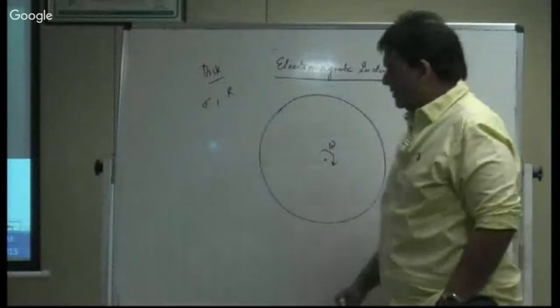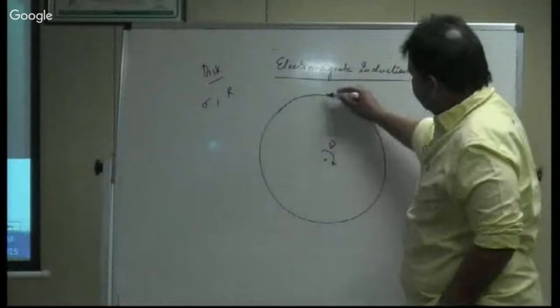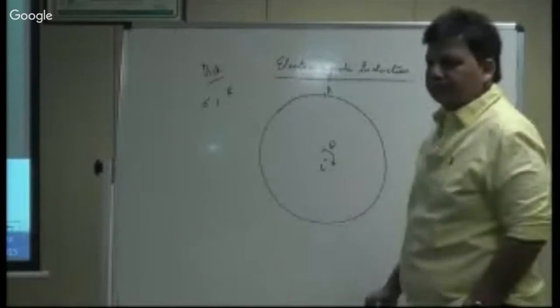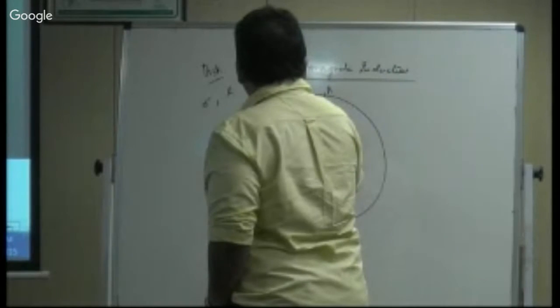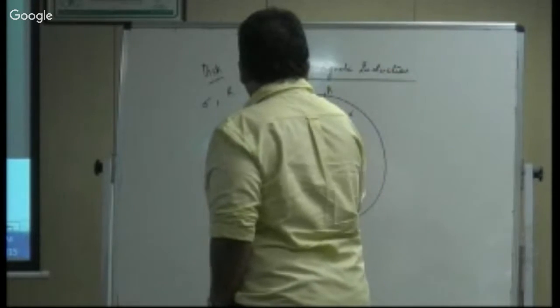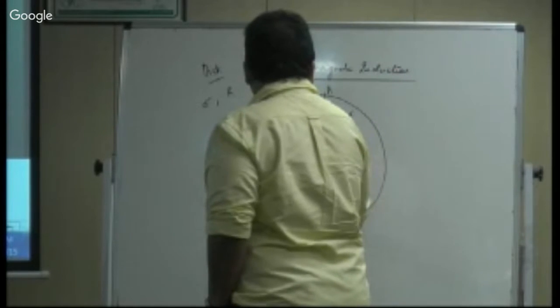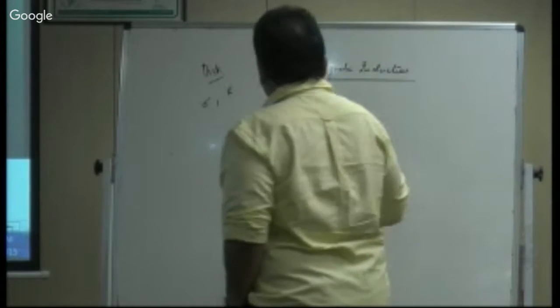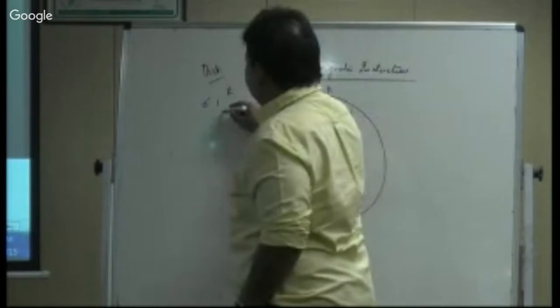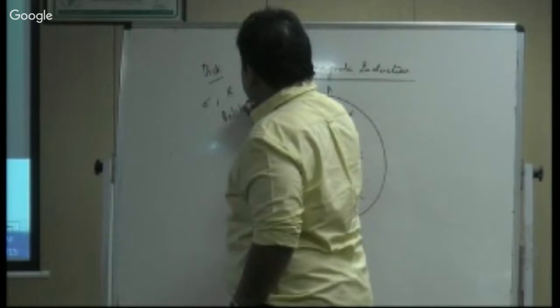And suppose he says, find the induced EMF between point A and C. And there is a magnetic field, a uniform magnetic field, say B naught minus K cap.